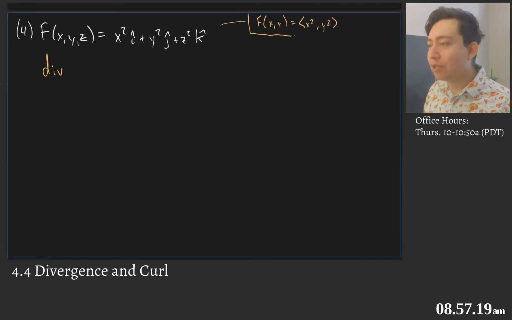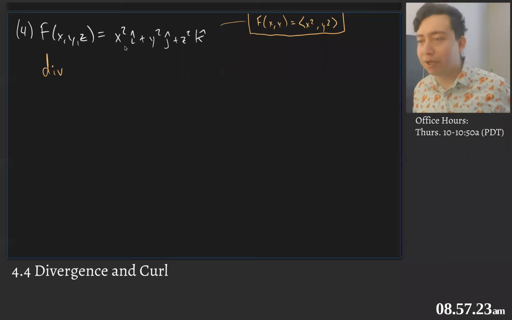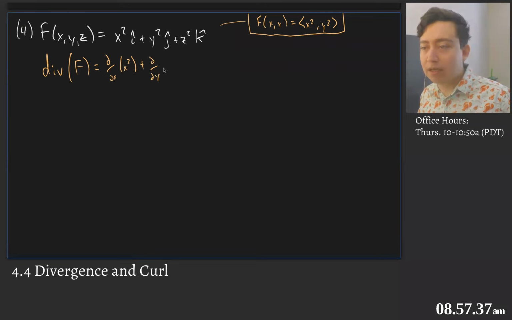If you have some tool that's helping you visualize these vector fields, looking at this one will give you a similar picture to looking at this one. But you get the divergence of f is the partial with respect to x of x squared, plus the partial with respect to y of y squared, plus the partial with respect to z of z squared. So you get 2x plus 2y plus 2z.